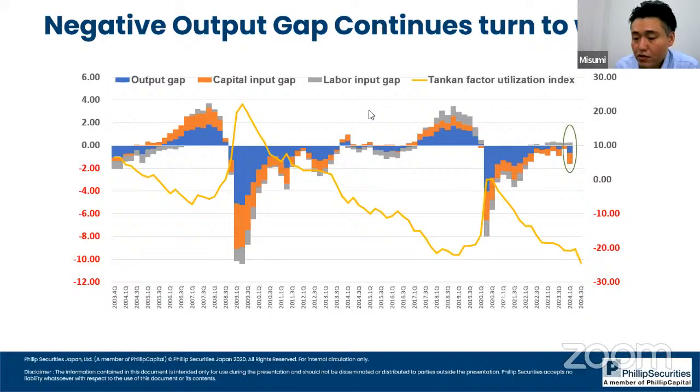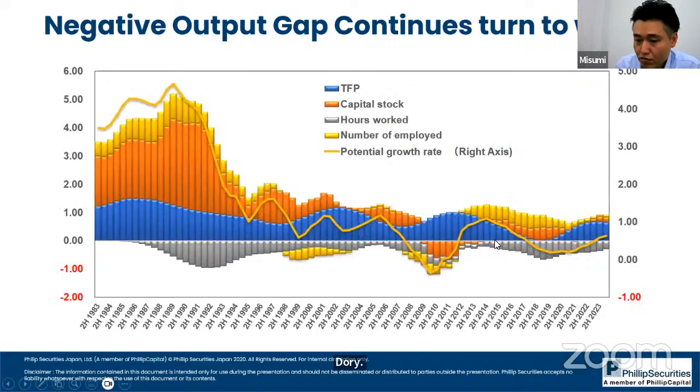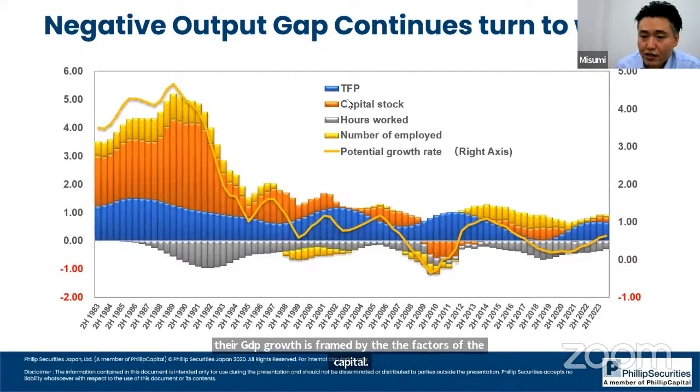This is also about the fundamentals of the macroeconomics. This is the growth accounting by the BOJ, about how GDP growth is explained by the factors of capital and employees' work.